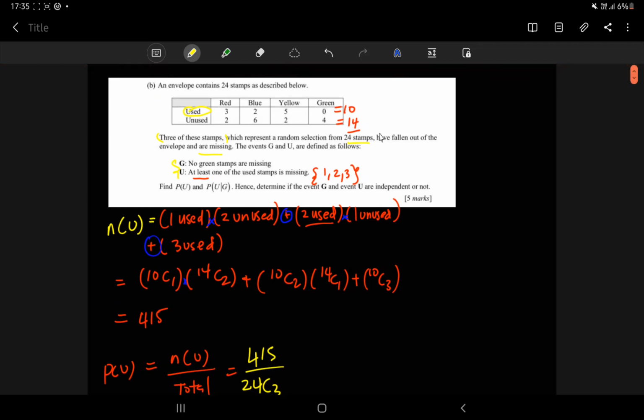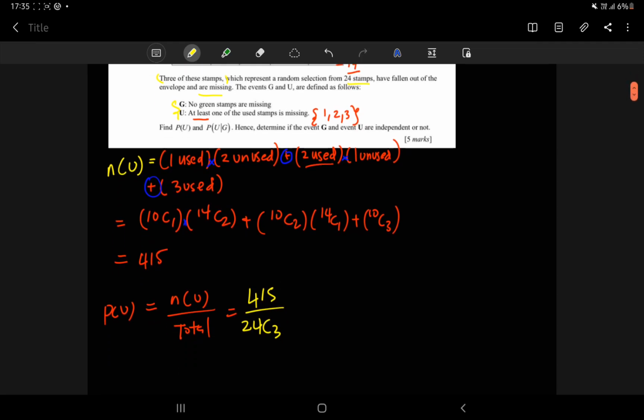Because we have 24 stamps, and out of 24, 3 of them are missing. So you just type it in the calculator. This returns 415 over 506. So that's the first one, probability of U.